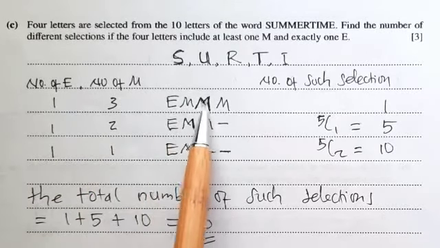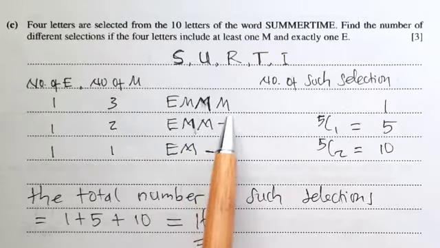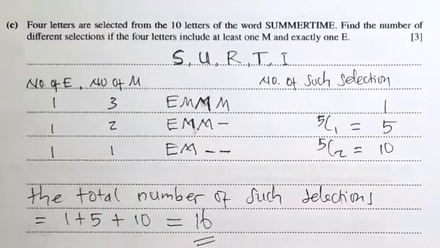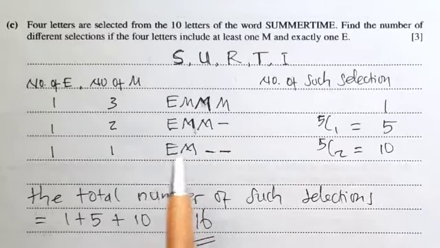Thus that is E, M, M, M. Actually this question is about combination. A combination is a selection in which the order of the objects selected is unimportant.